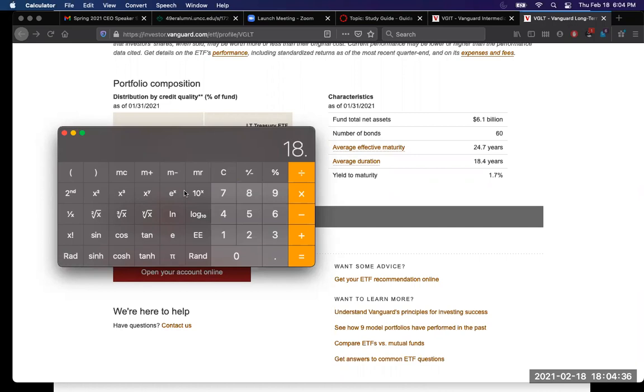Let's take 18.4 divided by 1.00, that would be 85. 1.7 divided by 2 is 0.85.